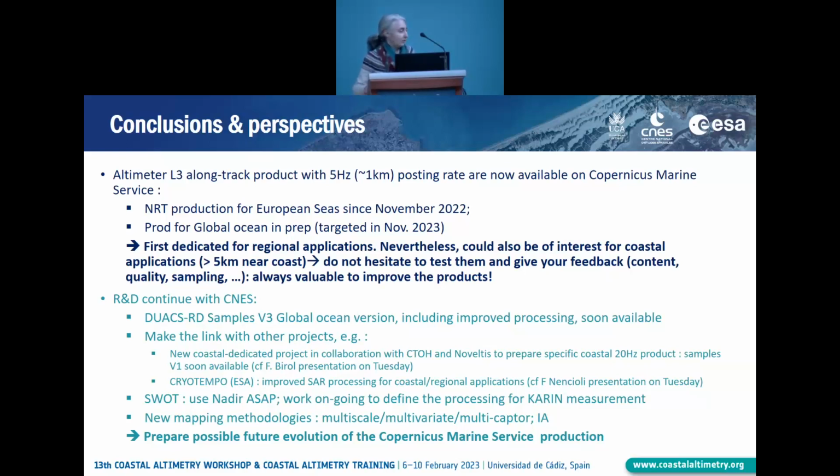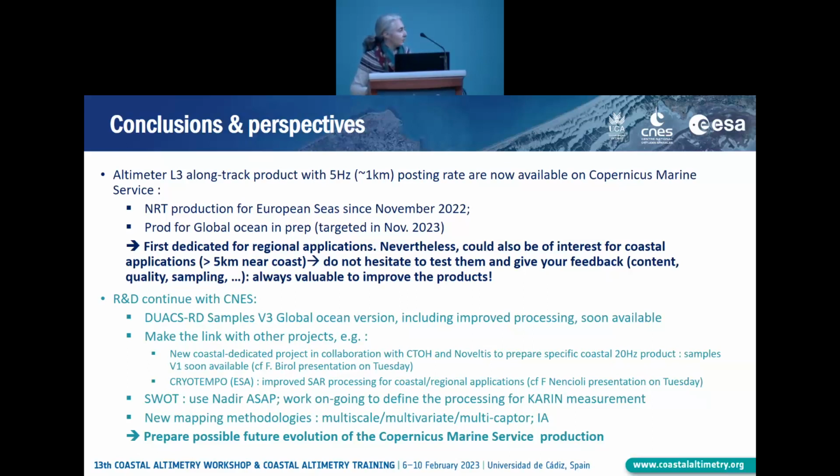This is a product first dedicated to regional applications, but the quality seems quite good near the coast, at least when we consider distances larger than 5 kilometers to the coast. So do not hesitate to test it and give your feedback. It's always valuable to improve the product in the future.